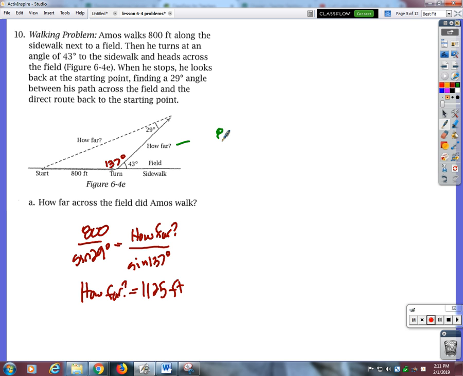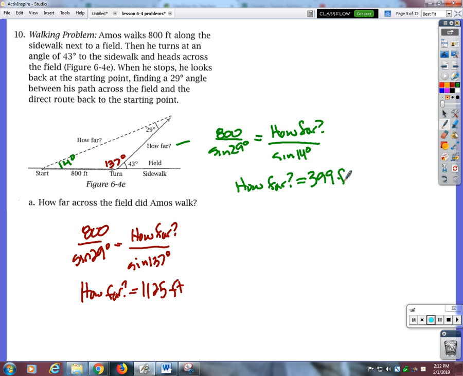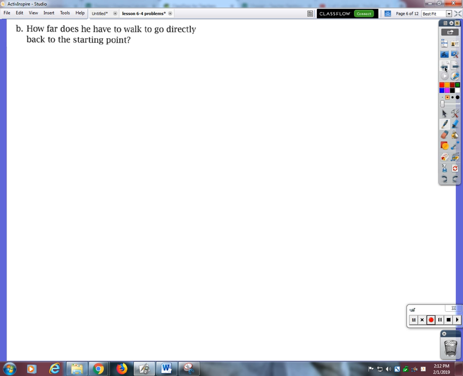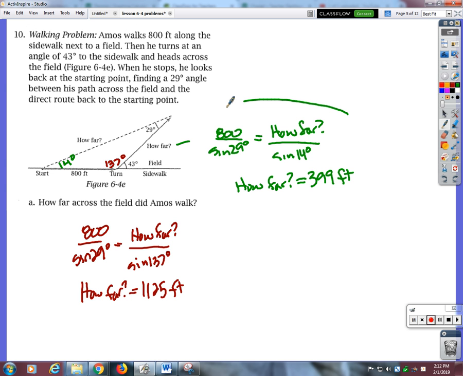Right. So let's go 800 sine of 29 equals what is this? You say 399? So yeah, A is actually this.